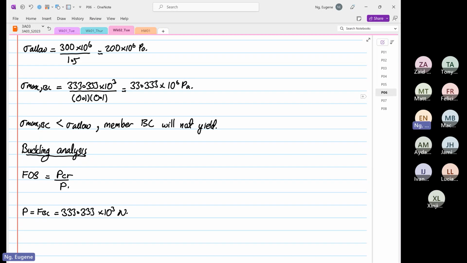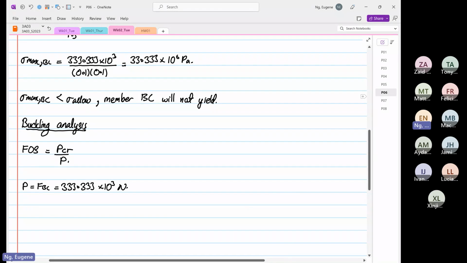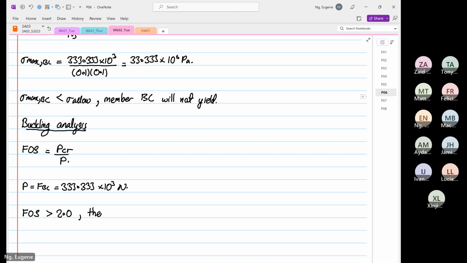Before we can determine this, we have to make sure that the factor of safety that we calculate is greater than 2.0. When this is the case, the structure will not fail by buckling.